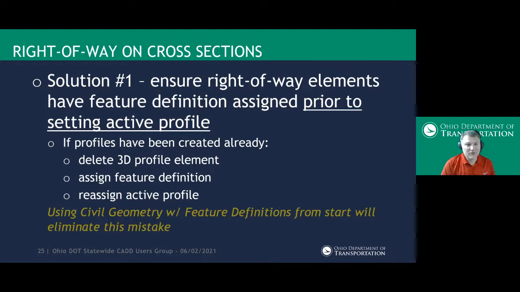The solution is to ensure that your right-of-way elements have a feature definition assigned prior to setting the active profile. If you already set the profile active, go into your 3D model, delete that 3D profile element, assign the feature definition, and then reassign the active profile. Using civil geometry with feature definitions from the start will eliminate this kind of problem.